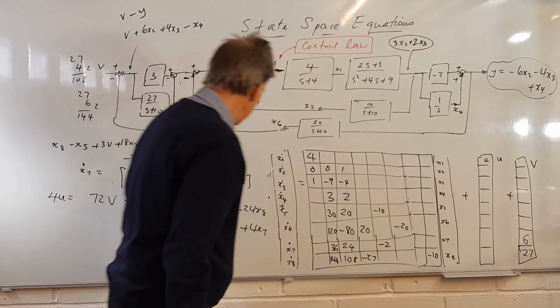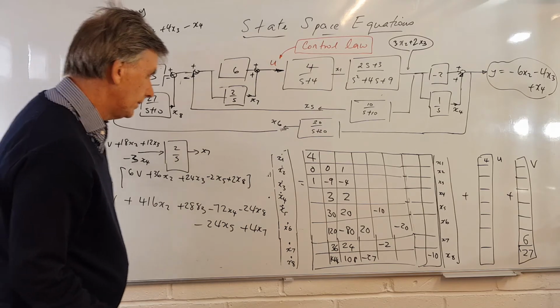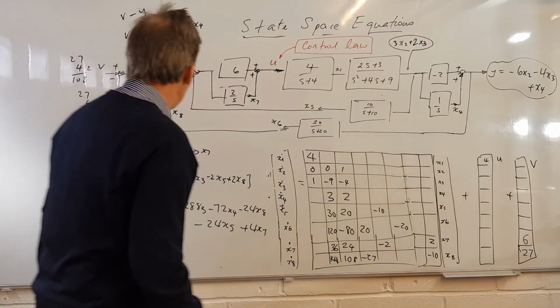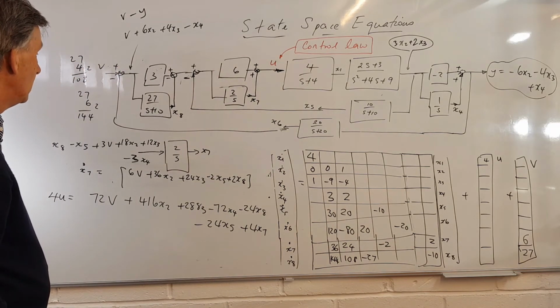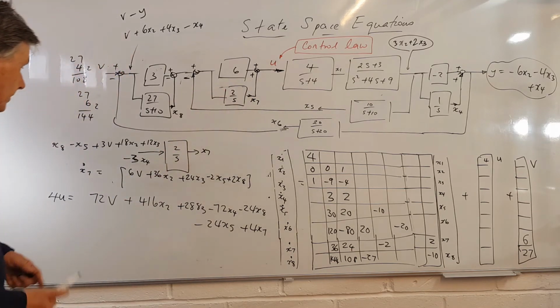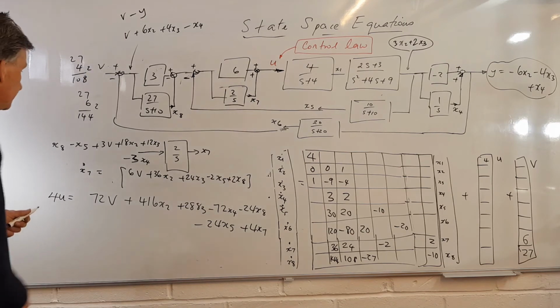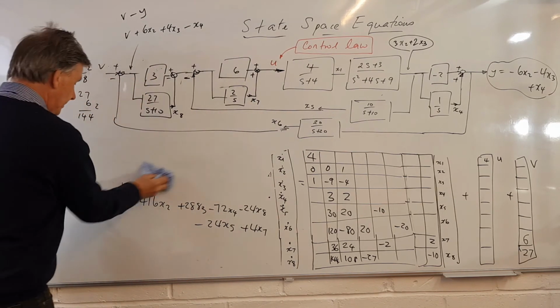So minus 2 in there, and 2x8, so I've got a 2 in there. It's got a 2 over s there, so it looks correct. So there's our full state space closed loop system.